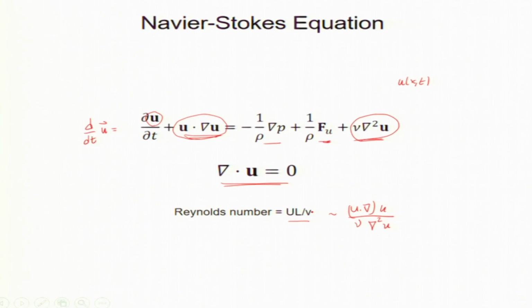Nu is the kinematic viscosity which has units of centimeter square per second. Okay, you can see that uL has the same units as nu, so it is a non-dimensional number. Okay, and the flow becomes turbulent when the Reynolds number is around 5000 or more. Okay, there is no critical Reynolds number, it depends on the system, but it should be significantly large. The nonlinear term should be much more than the viscous term.